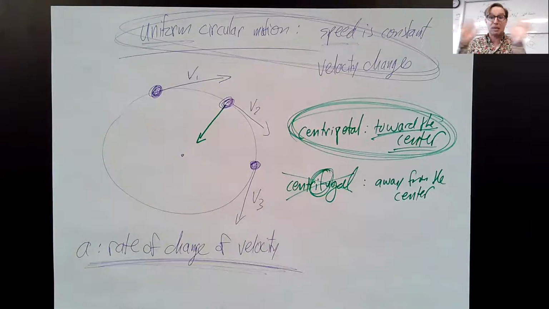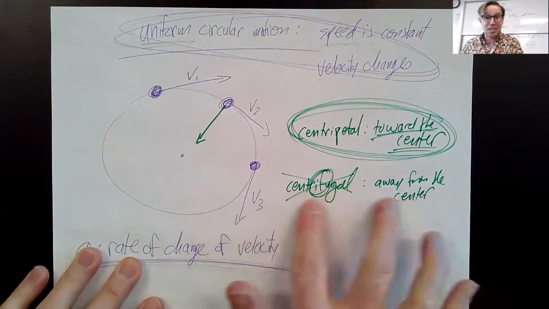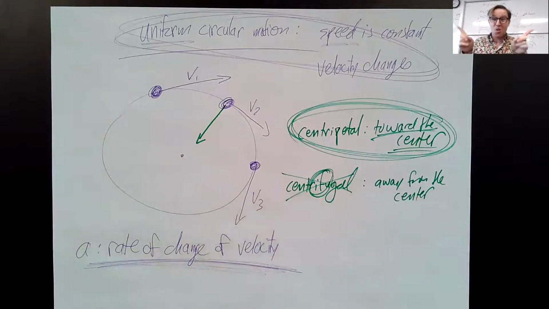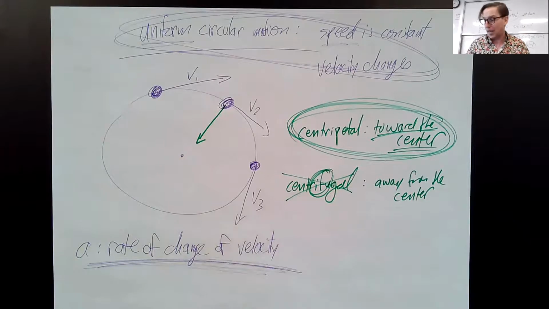So if you find yourself talking about pointing away from the center or needing the use of this adjective, you're probably missing something, and go back to talking about this one. We're just going to talk about a lot of stuff that points toward the center, and not stuff that points away from the center. So that's a little hint for this chapter.